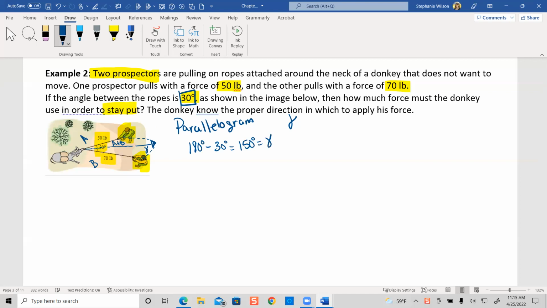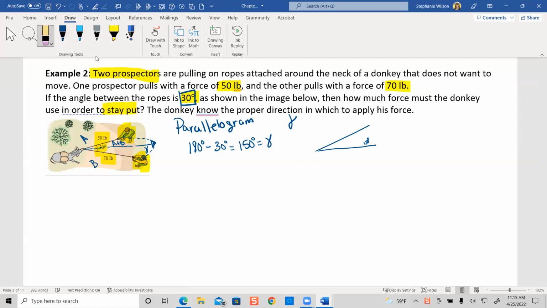Okay. Now remove the extra parts of the drawing and substitute the forces. So what I'm going to do is just redraw it. Sometimes it's easier. I'm just going to draw what I need. So I know this is 150 degrees. If I drew it better, it actually had more of a slant.